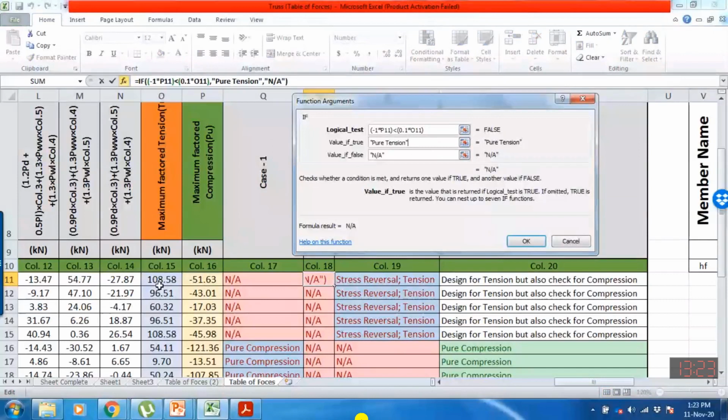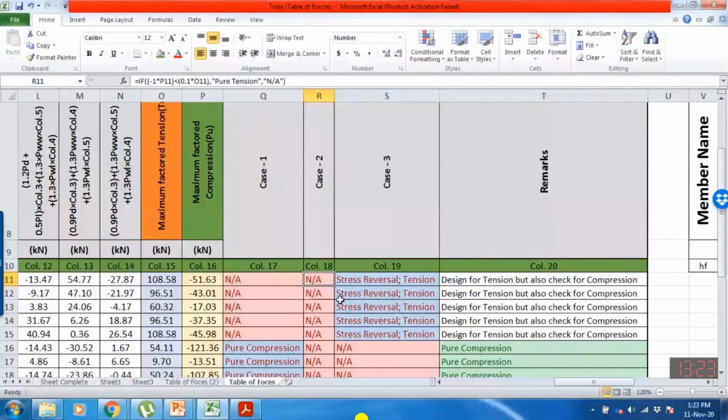If the compression forces are less than 10% of the factored tensile forces, the member will be designed as a pure tension member. If this case is not satisfied, he will write not applicable. So here he has also written not applicable. It means that we do not have any pure tension member.